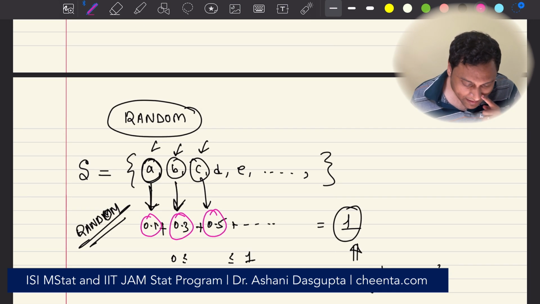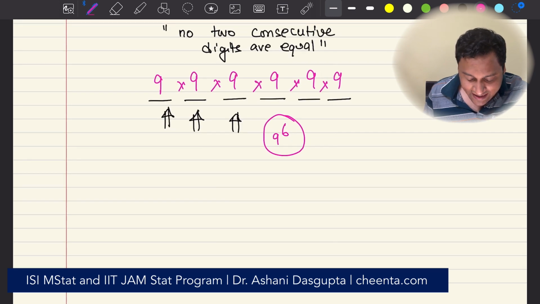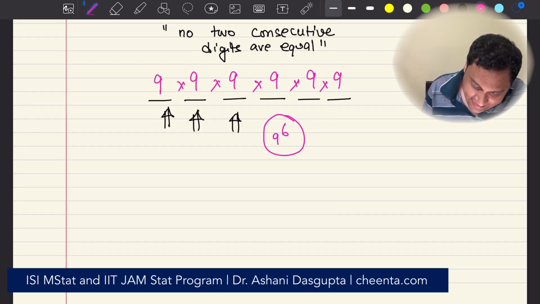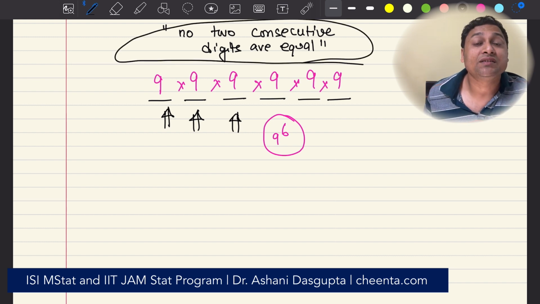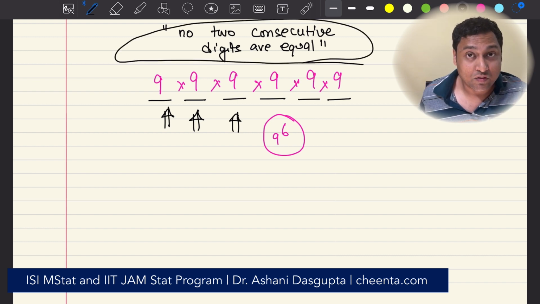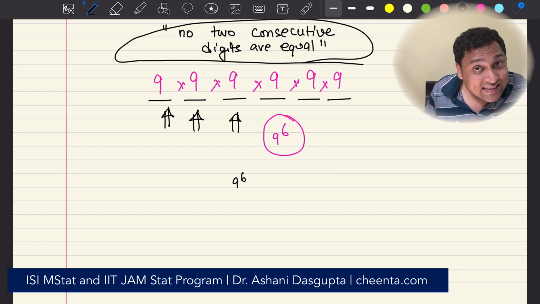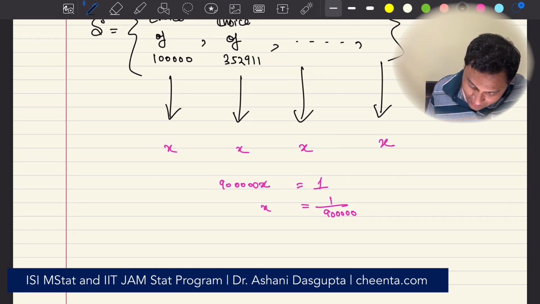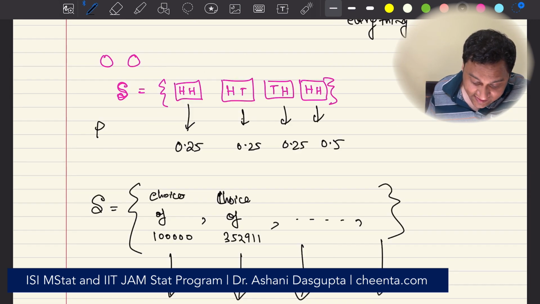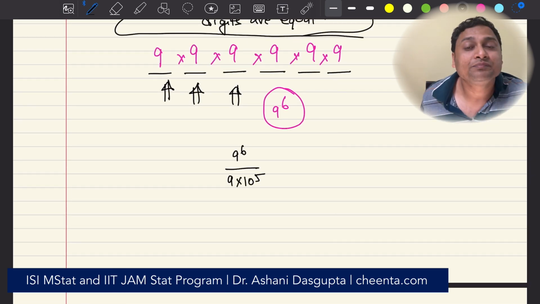Okay, now let's come back to this problem. It's a very simple problem. We now know that the probability of getting numbers where no two consecutive digits are equal is 9 to the power 6 divided by the total number of cases, which is 9 times 10 to the power 5.